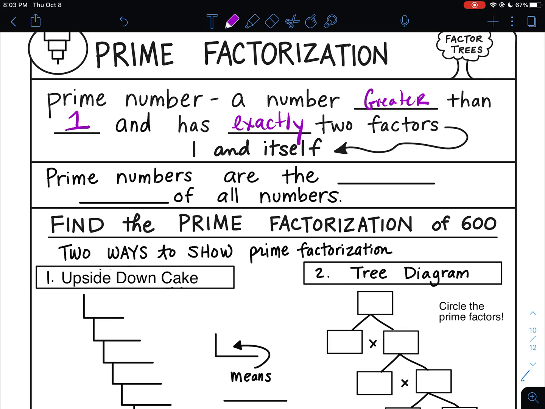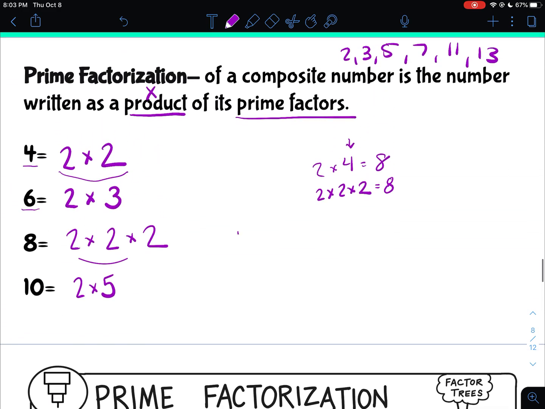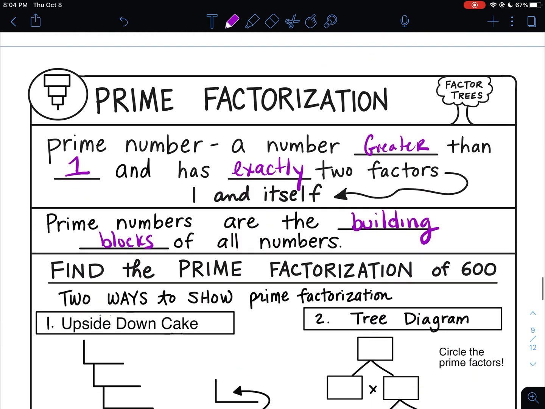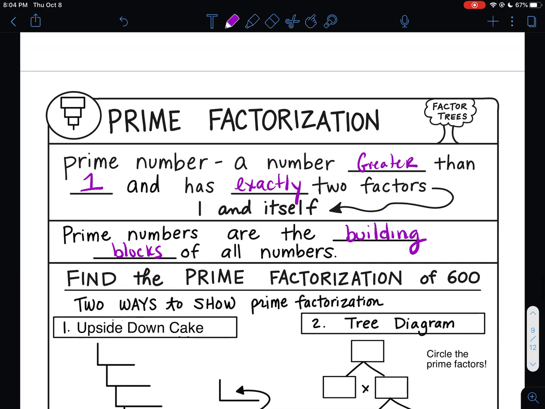So prime numbers are actually called the building blocks of all numbers. So just like what we did up here, we broke down every composite number with prime numbers. So we use prime numbers to build composite numbers, okay?